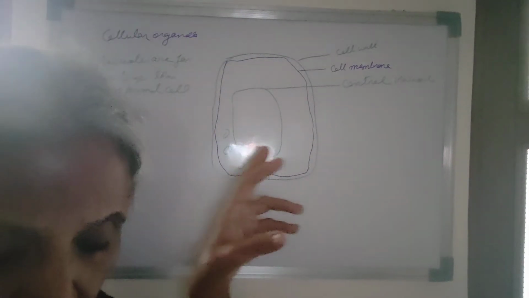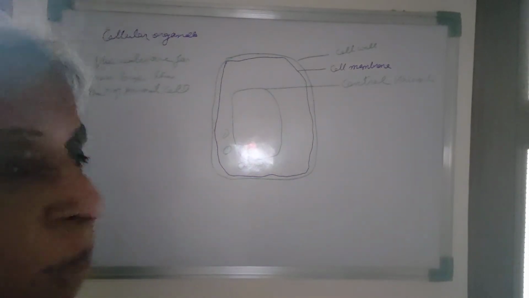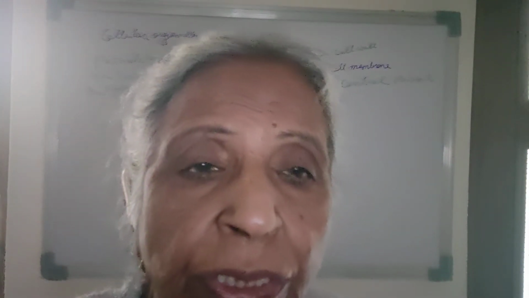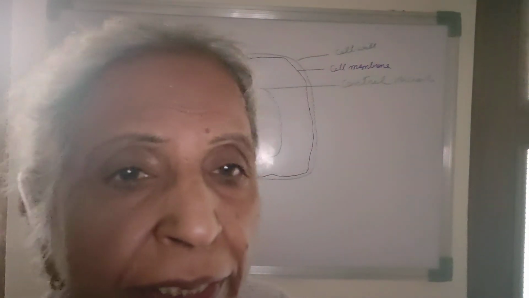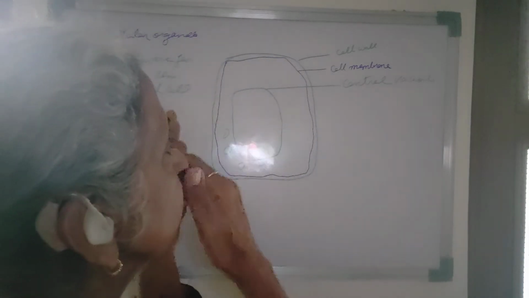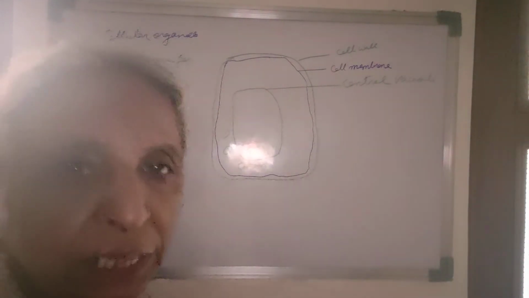So this central vacuole contains cell sap. Cell sap contains many minerals, enzymes, hormones, and water. Due to the presence of cell sap, the cell vacuole provides rigidity to the cell.